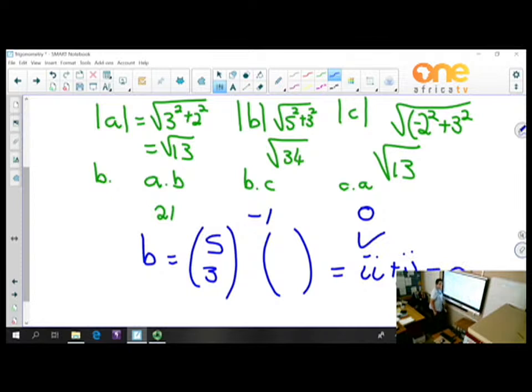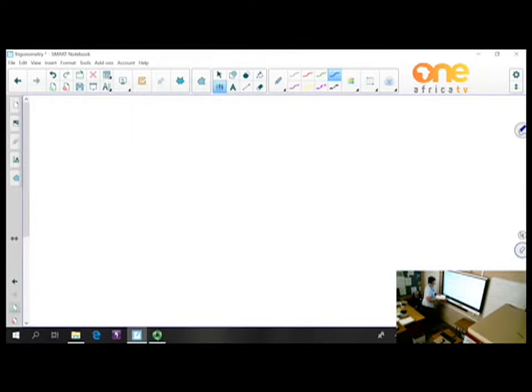Because if A dot B is 0, then they are perpendicular. So when will I get that? Negative 3, positive 5. Because then you have negative 15 plus 15, and that will give you the 0. There's more than one possibility, because this can also be positive 3, and this one can be negative 5, but that will give you that answer there.